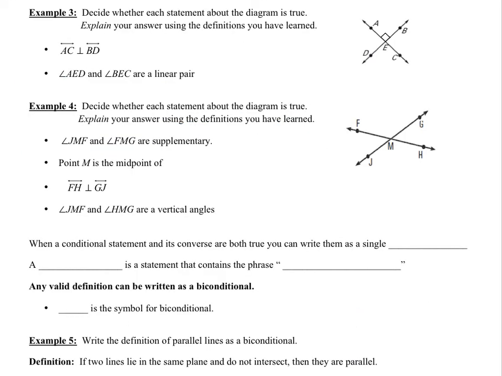Example 3. Decide whether each statement about the diagram is true and then explain why. Line AC is perpendicular to line BD. I would say it's true because of this right angle symbol. I guess just write right angle symbol. Tells us it's a right angle.